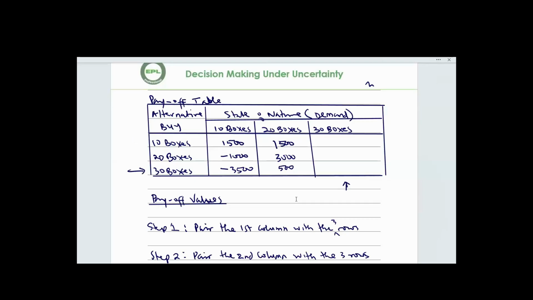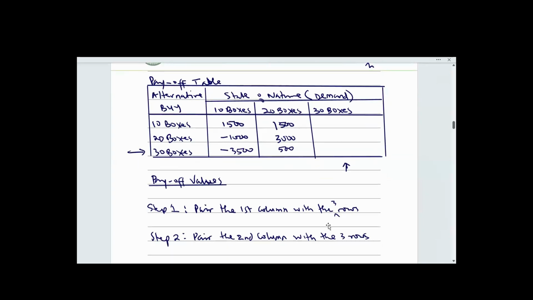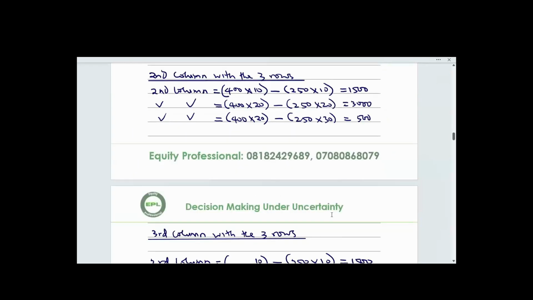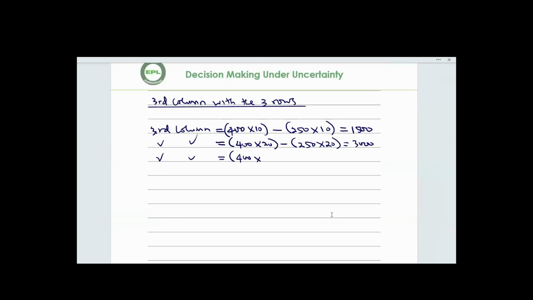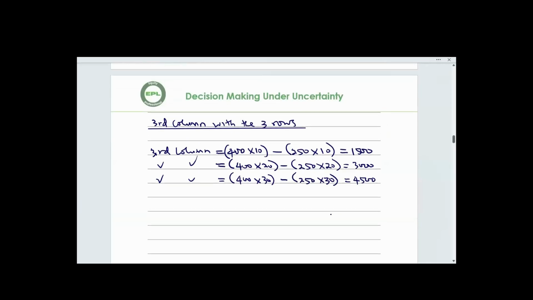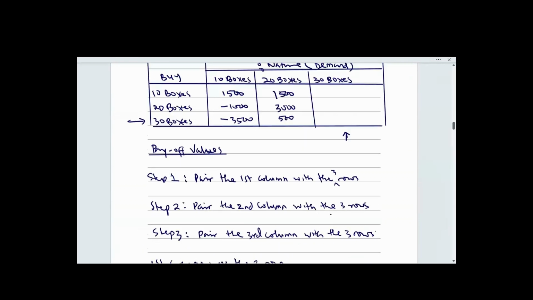So that means what the customers are demanding for is what you have taken to the market to sell. Therefore, here will be 400 multiplied by 30 minus 250 multiplied by 30. So 12,000 minus 7,500, that will give us 4,500.